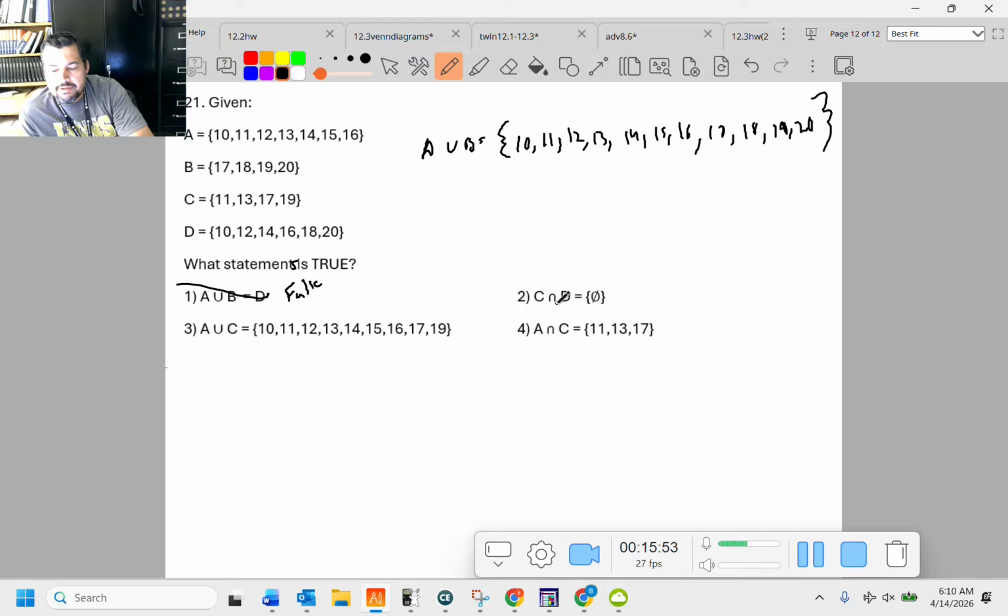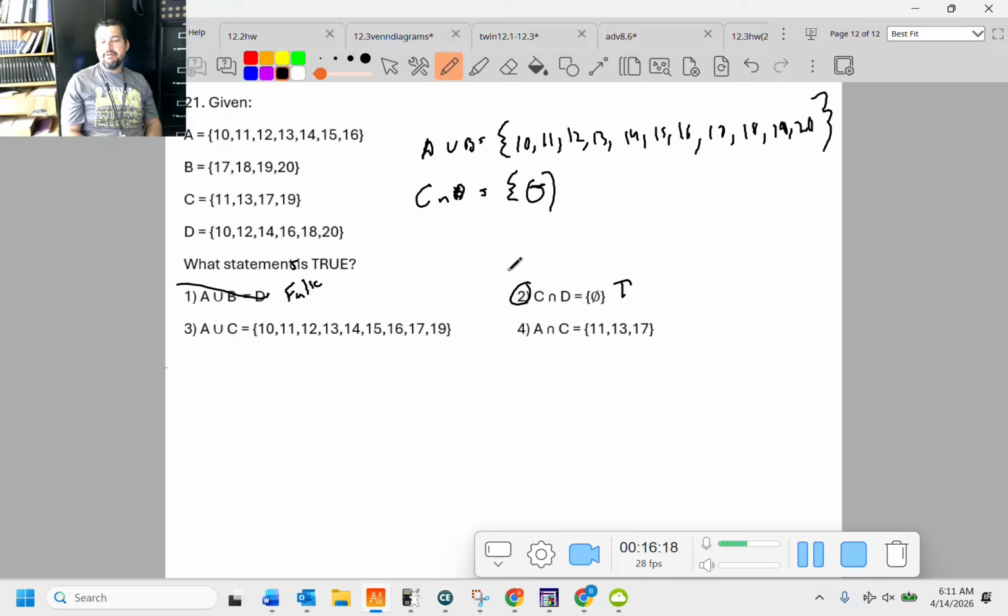All right, 2 talks about the intersection of C and D. Okay, so if I intersect these things, it's what do we have in common? It is empty. So this is true. All right, 3 talks about the union of A and C. And what is the union of A and C?